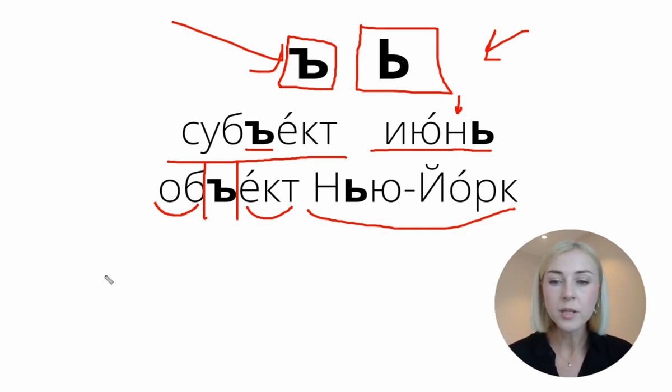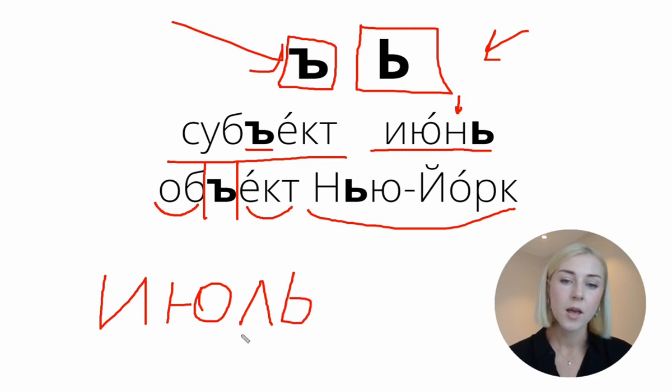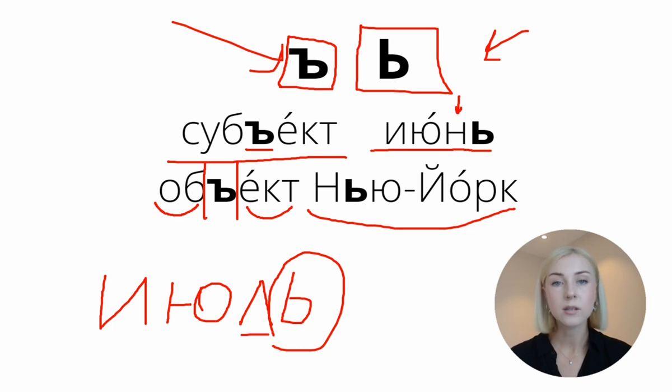For example, if we have the word июль, here we have consonant L. I have to pronounce it softly just because we have a soft sign here. Июль. You see? So the soft sign softens the preceding consonant, any consonant. Okay? So that is it.